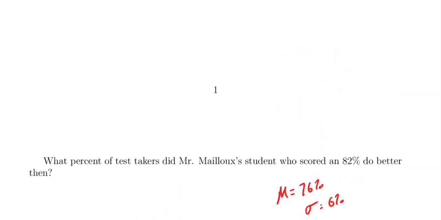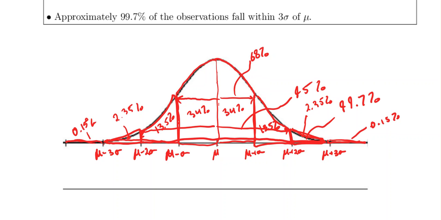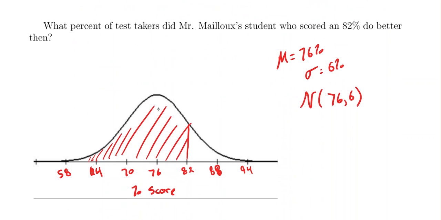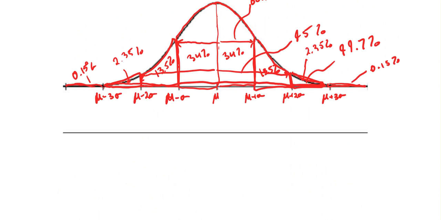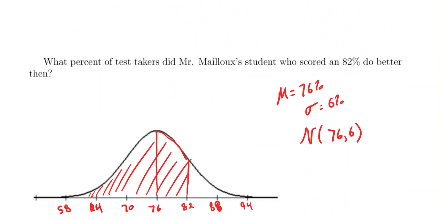And we can use that picture we just worked with up here. So you know that approximately 50% of our data is to the left of 76, and then our chunk over here we saw was just 34% of our data.